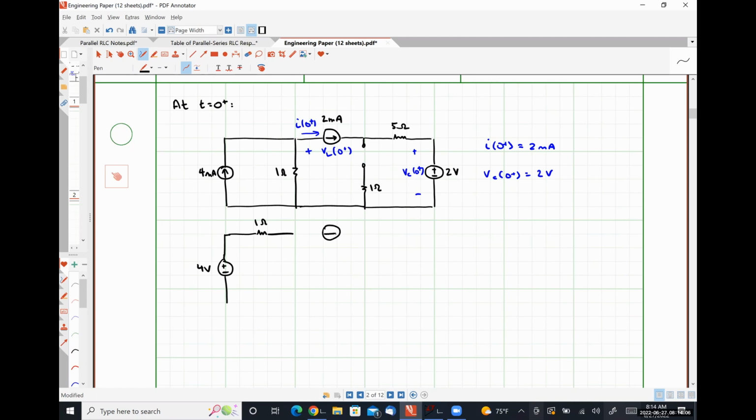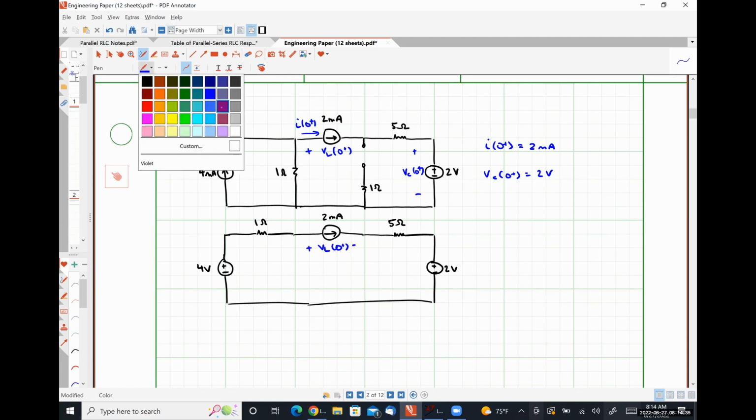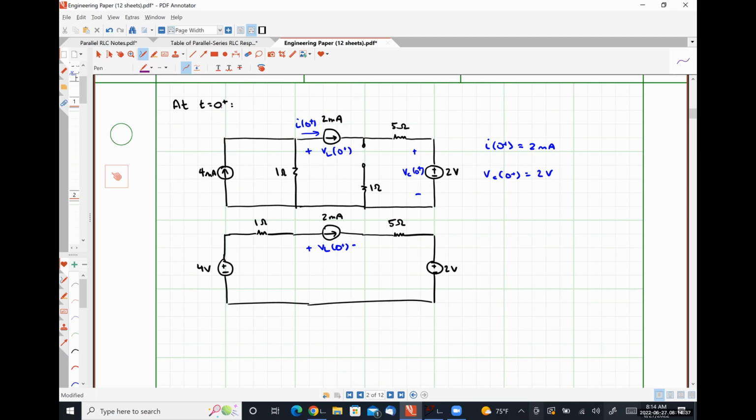Now I have my 2 milliamp current source, my 5 ohm resistor, and my 2 volt source. And this is my voltage VL at 0 plus. And I'm going to get this just using Kirchhoff's voltage law.